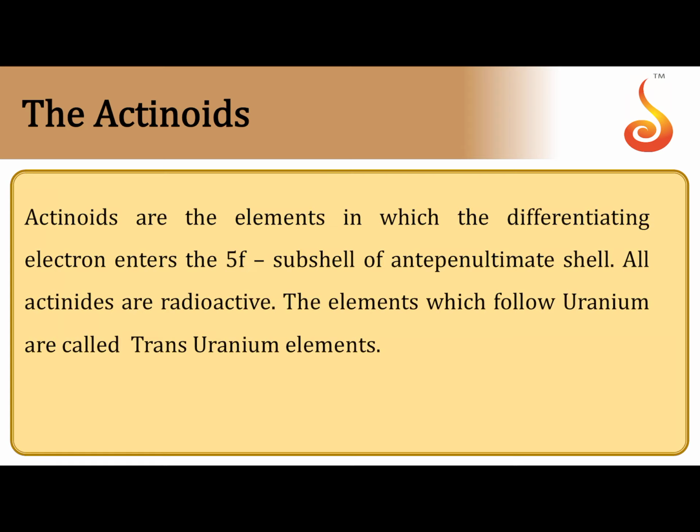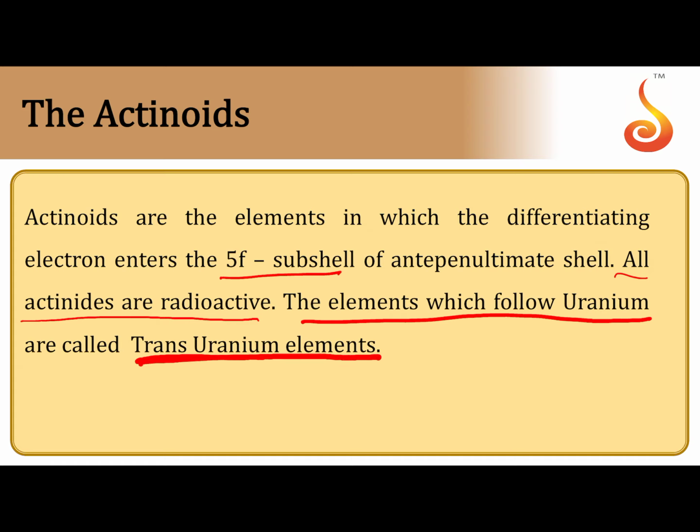Coming to actinides, it is the same. In these elements the differentiating electron enters into the 5f subshell. All actinoids are radioactive. The elements which come after uranium are called transuranium or transuranic elements.